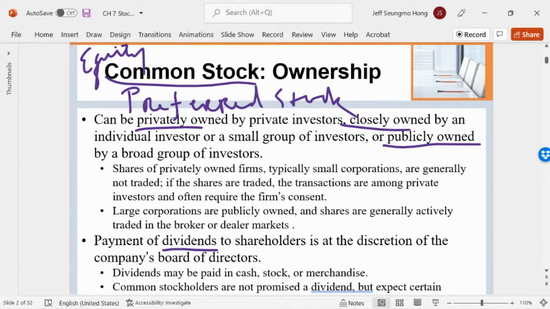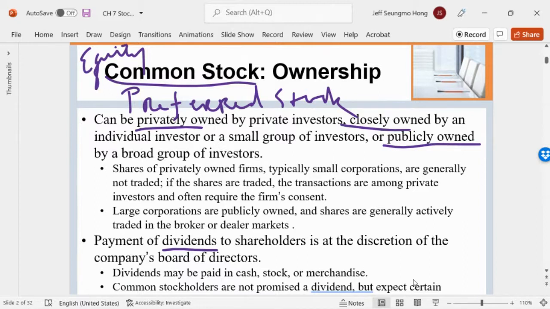But common stocks pay dividends only after preferred stock. Okay, that's the only thing. I mean, preferred stock is not a better thing than common stock. Preferred stock is only preferred in the sense that the dividends are paid before the common stock.